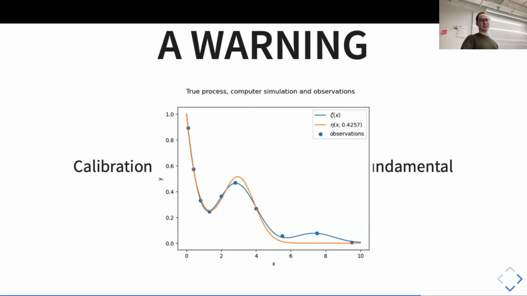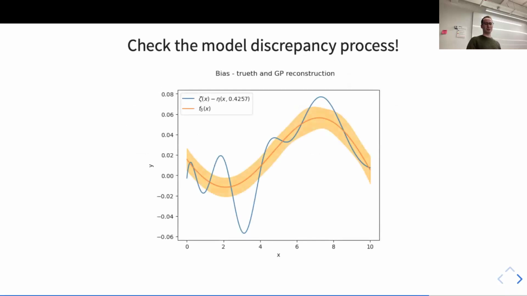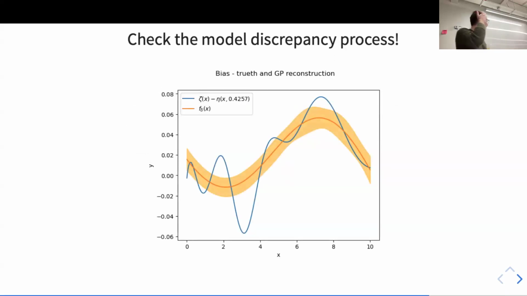Okay, so this is slightly concerning. Well, let's check the model discrepancy process. So in this case, we've perhaps not done as good as we thought. We've got the trend, I would argue. The blue line here is the difference between the true process and what the simulator is saying. So the blue line is everything we haven't captured in our simulator.